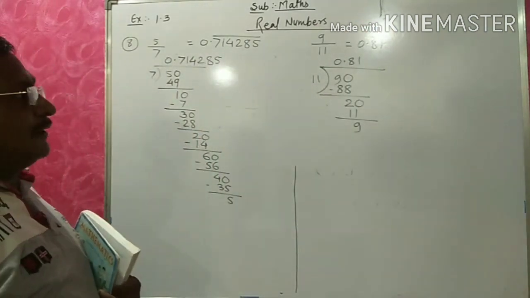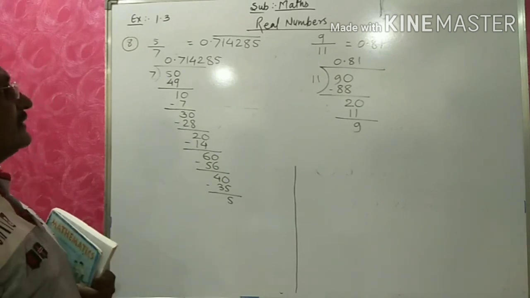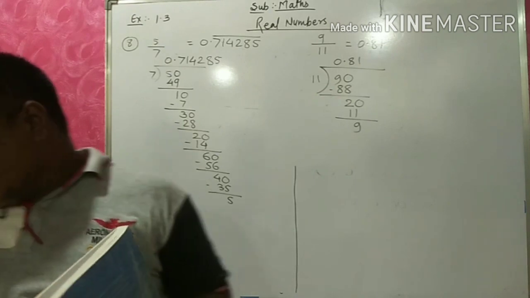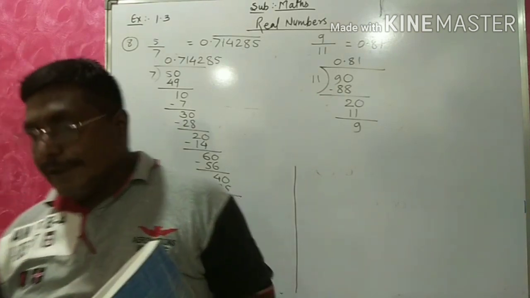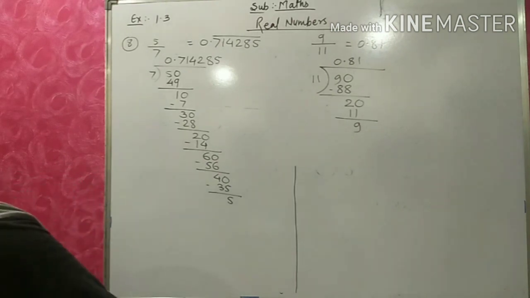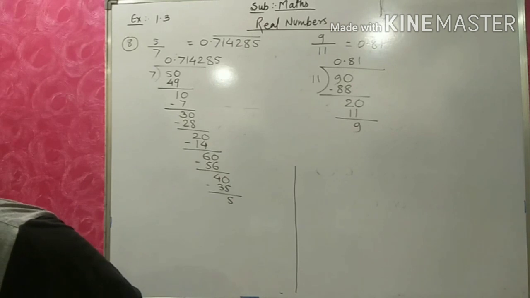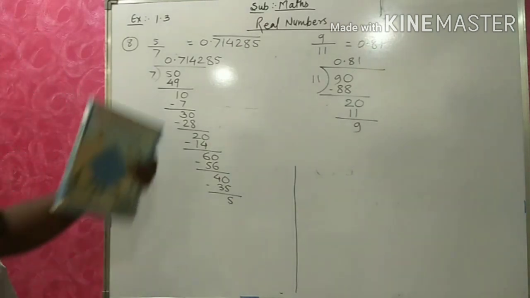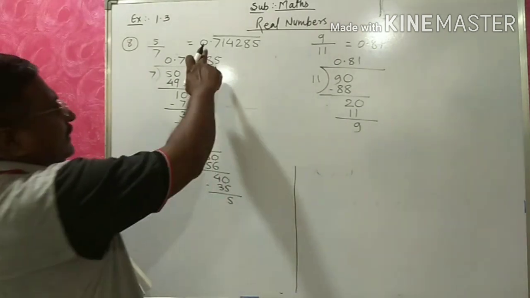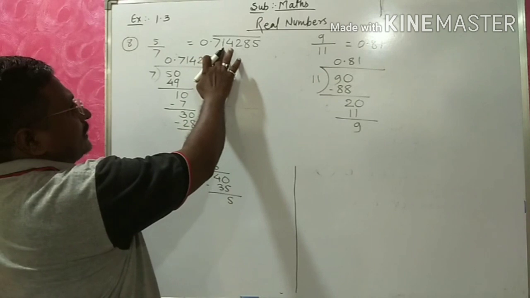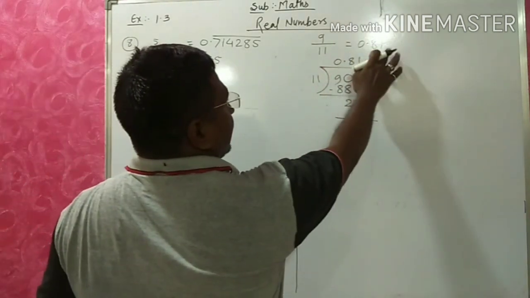Now here we have to write 3 decimals. How many decimal expansions do we have to write? 3. Non-terminating, non-recurring decimals. So how to write that? See, first 2 digits we have to see: 0.71, 0.81.